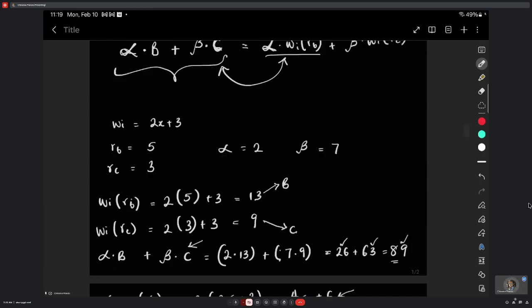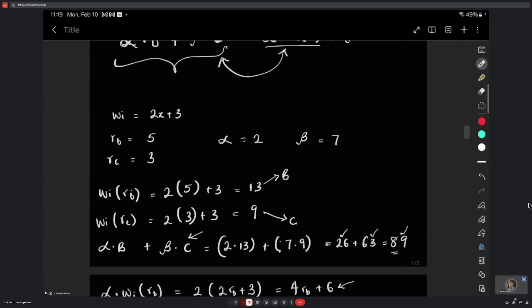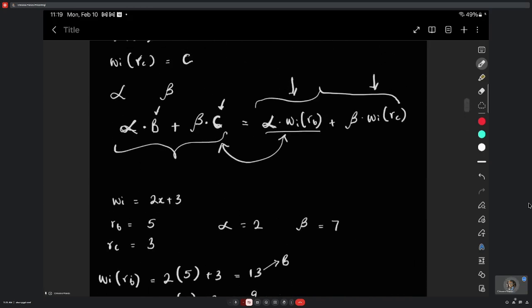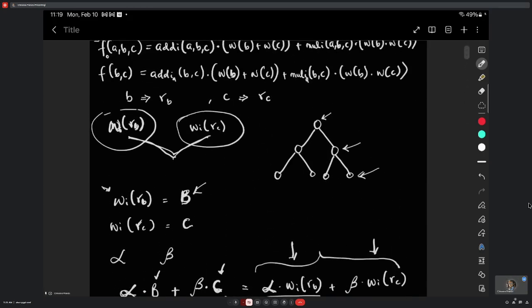So based on what we've done now, we're now going to look at how we can reduce this claim on WI evaluated at RB and WI evaluated at RC to a claim of W evaluated at a random value.